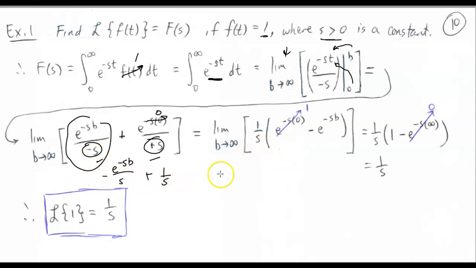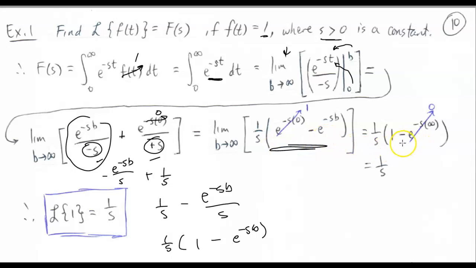And then we pull out the 1 divided by s out of each term. We see here that this essentially just ends up looking like 1 minus e raised to the minus sb, which is what you have here.